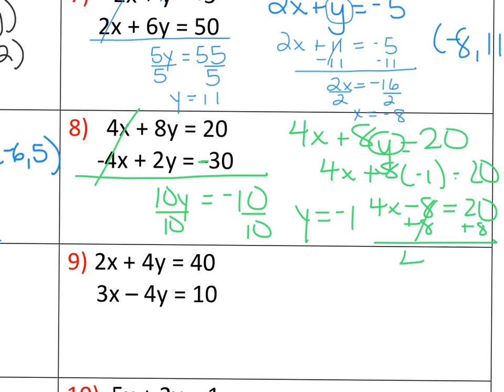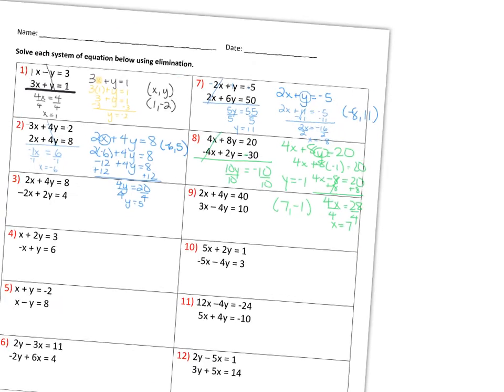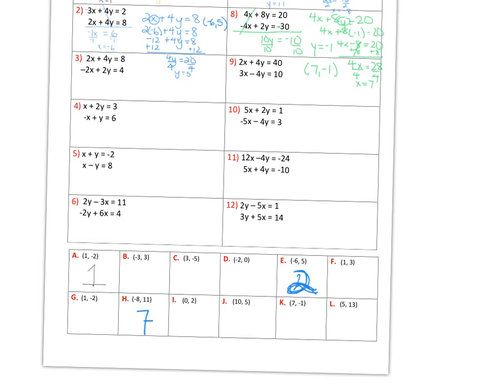So this is 4x equals 28. Divide by 4. X equals 7. So my answer here is going to be 7 and negative 1. So I'm going to go down to the bottom. I'm going to find my answer. 7, negative 1 is right here, and I'm going to mark it 8.